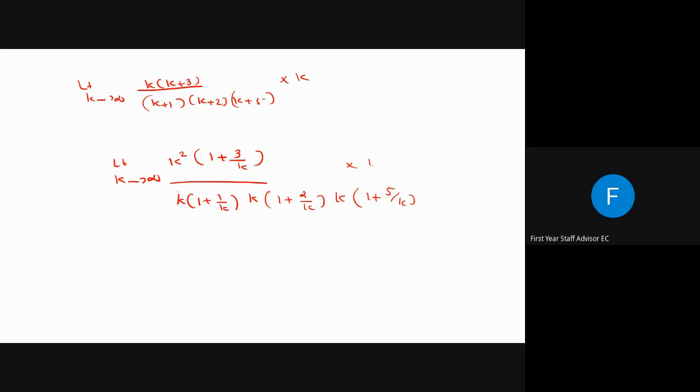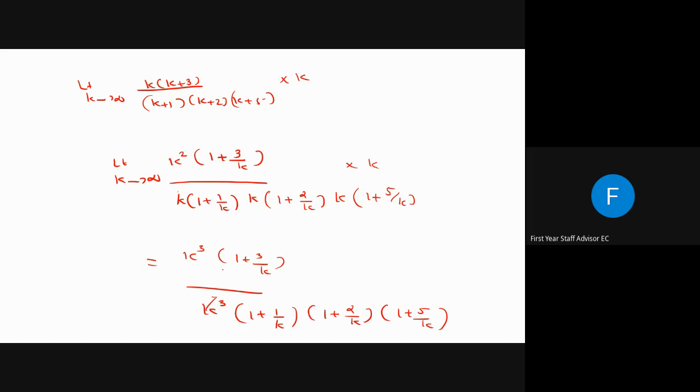So k cube into 1 plus 3 by k divided by k cube into 1 plus 1 by k into 1 plus 2 by k into 1 plus 5 by k.